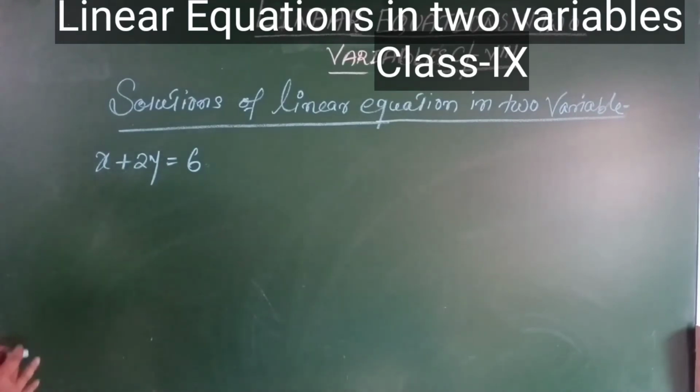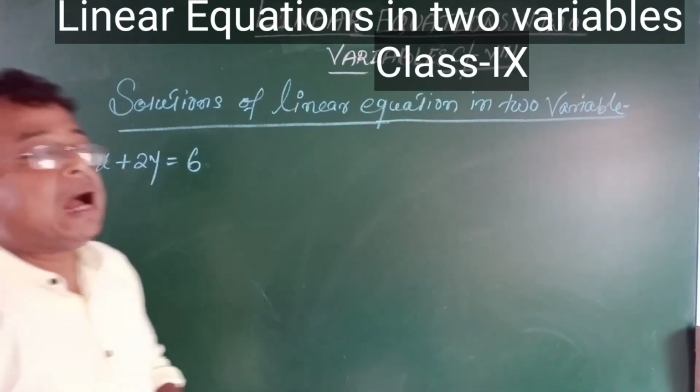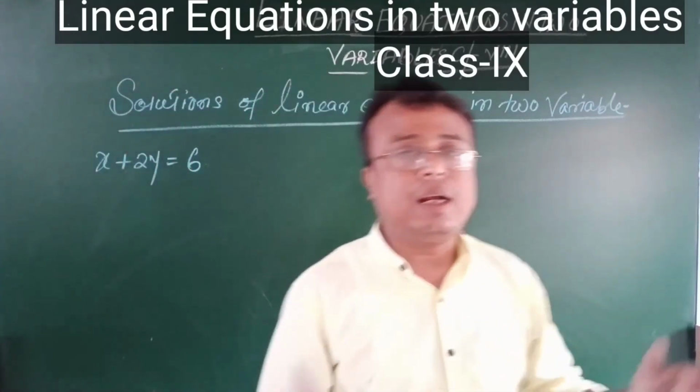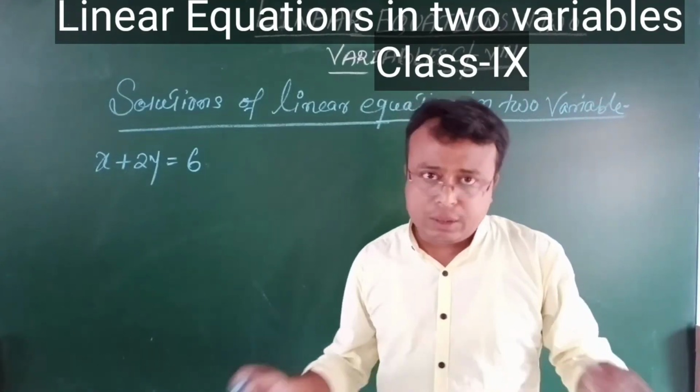Correct? So now how to find the solution of a linear equation in two variables, and how many solutions there are in a linear equation in two variables, that we are going to discuss here.